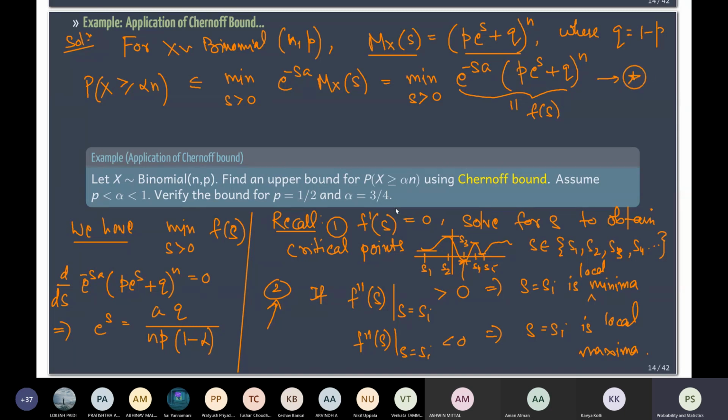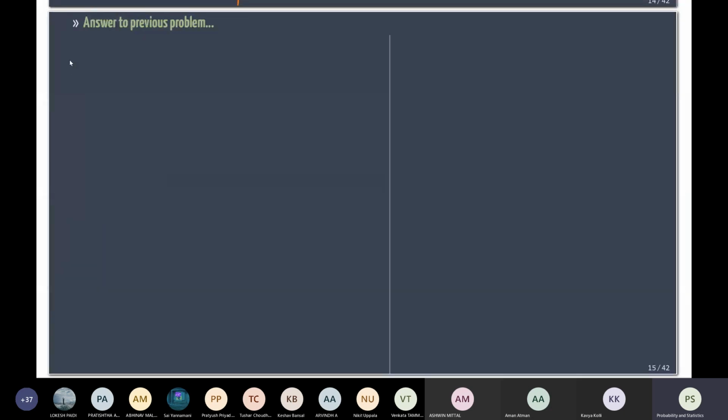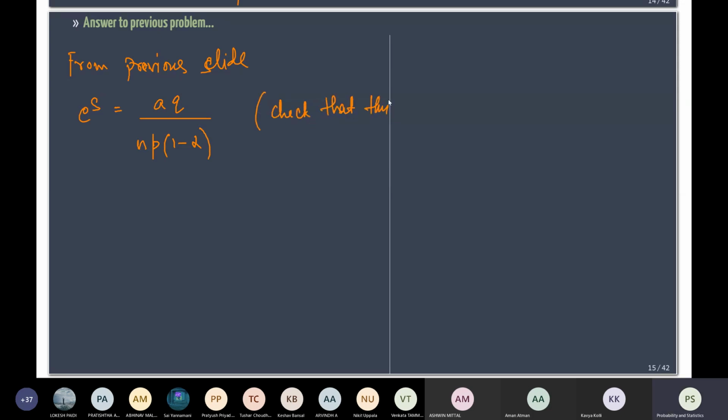Okay, and then we will use the Chernoff bound. From the previous slide, we had e to the s is aq divided by np(1 minus alpha), and check that this is the minima.